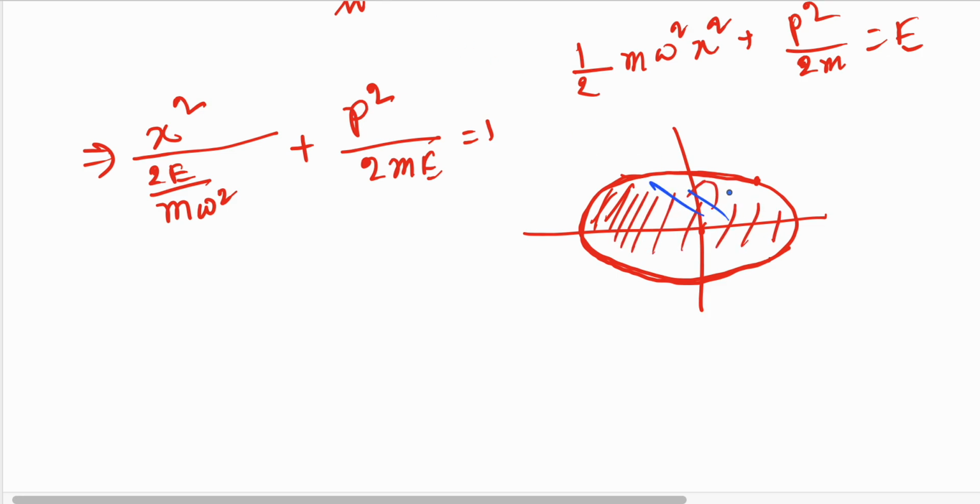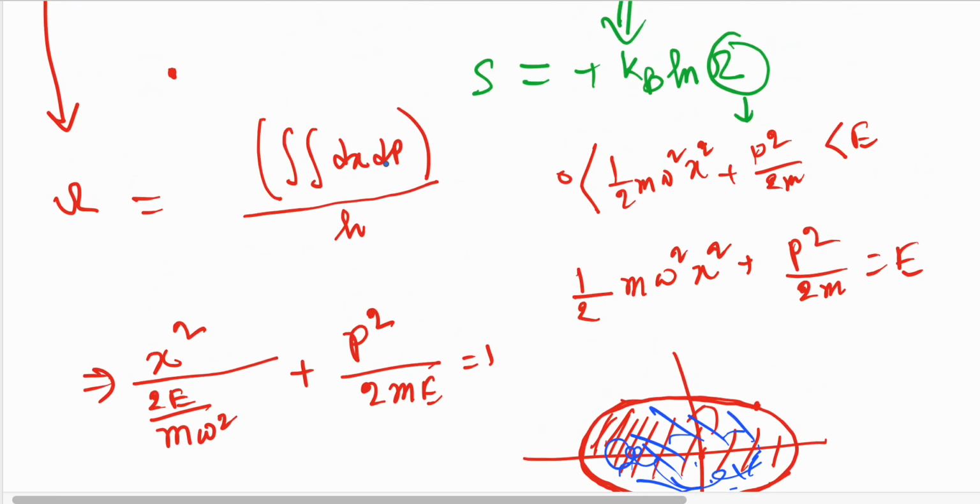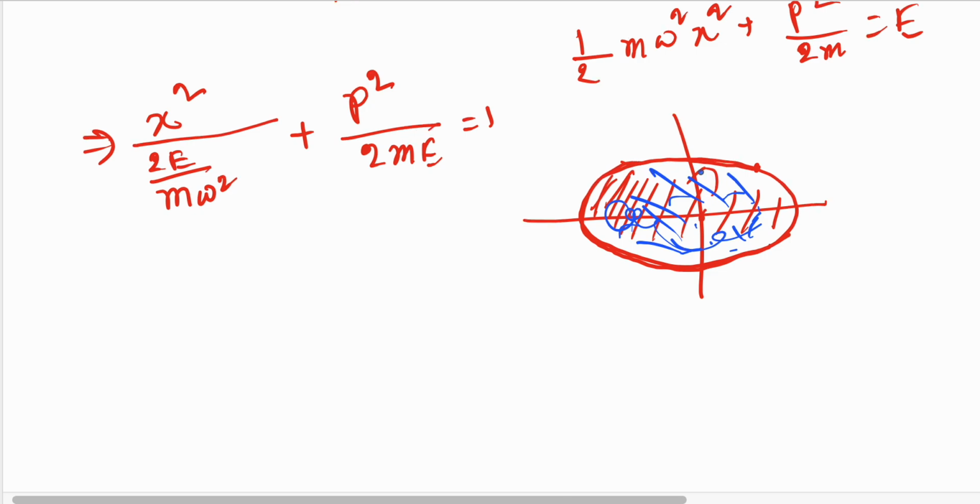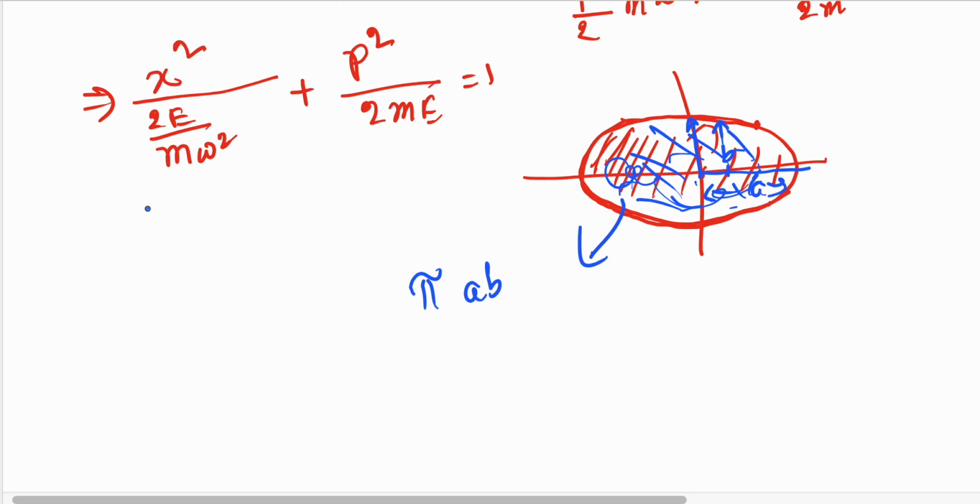So if the particle remains inside the ellipse, what is the total area that the particle will cover, the area under this ellipse? We know that the area under the ellipse is pi a into b. Here a is this and b is this. What is the value of a?